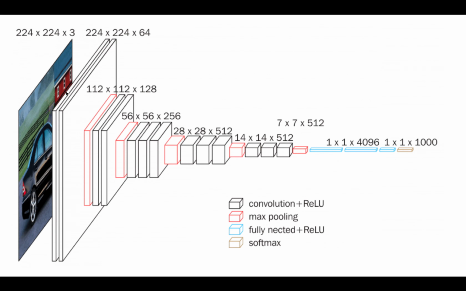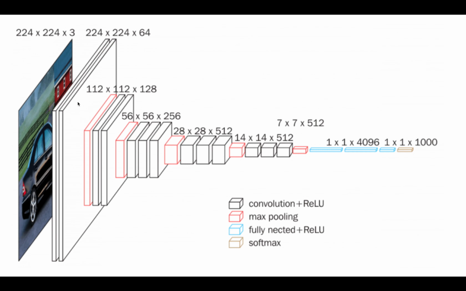For example, the image input is 224 by 224. One drawback is that the input of VGG is a fixed-size image, so you have to pre-process whatever dataset you have to that particular size before feeding it to the network.